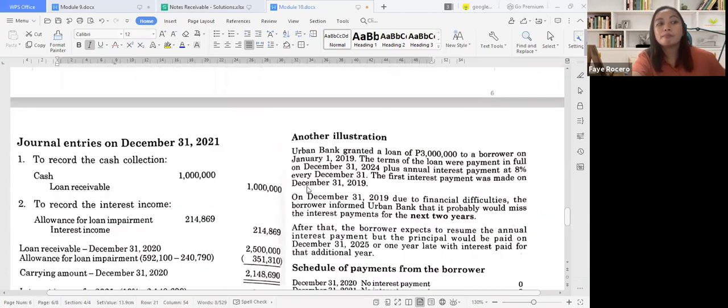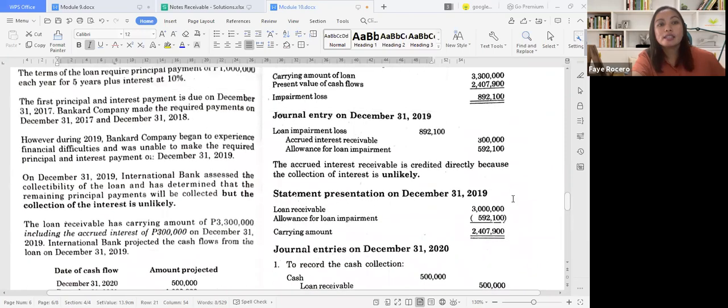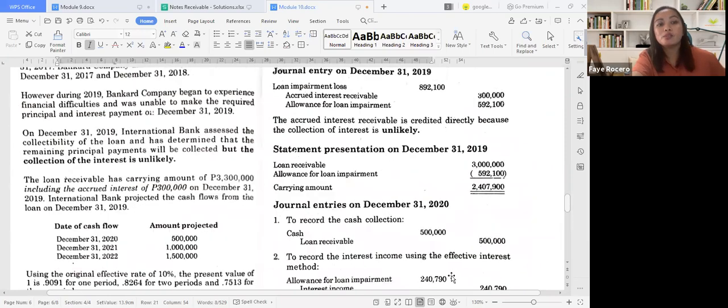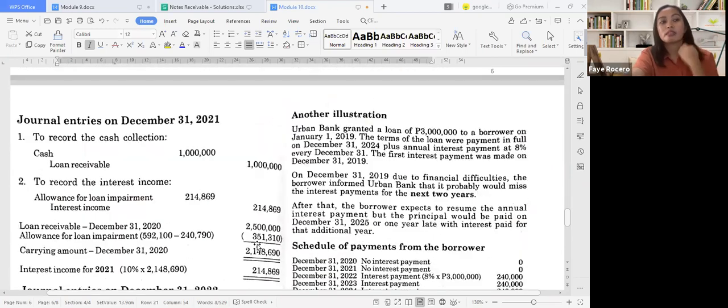Allowance for loan impairment balance, 592,100 minus 240,790, is 351,310. The carrying amount as of December 31, 2020 is 2,148,690 multiplied by 10%. That is our interest income, amortization, charged to allowance for loan impairment account.